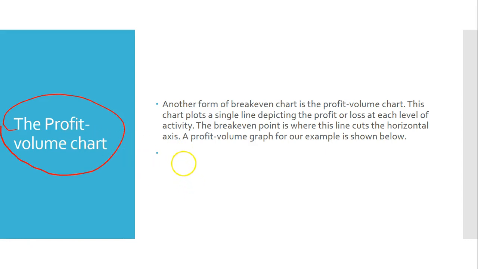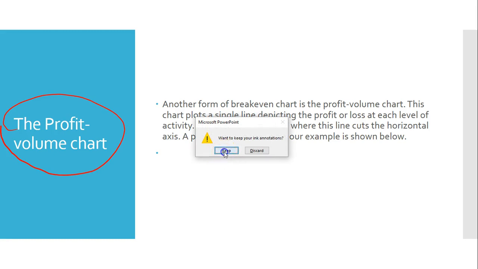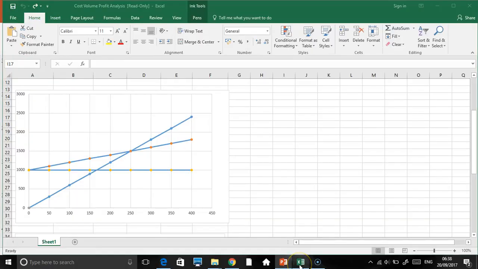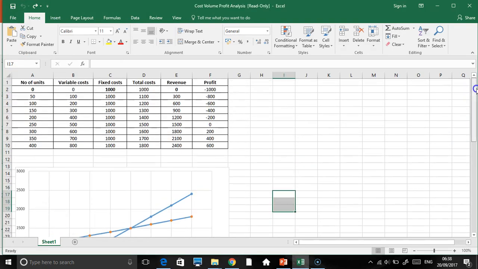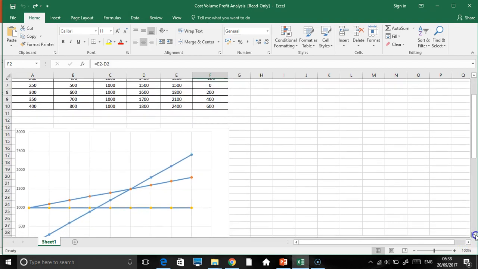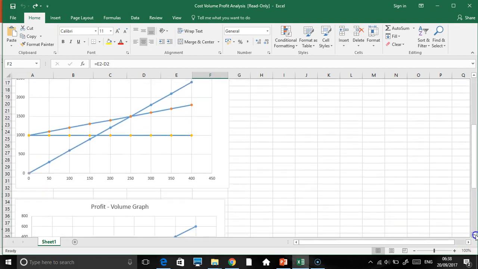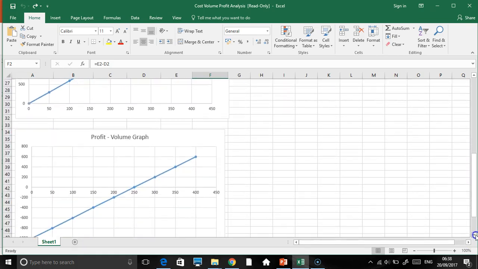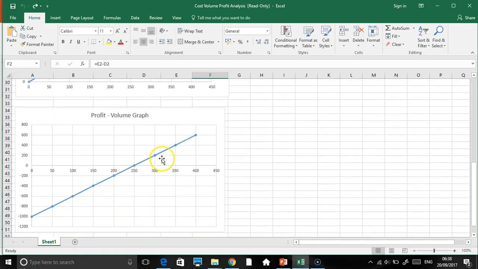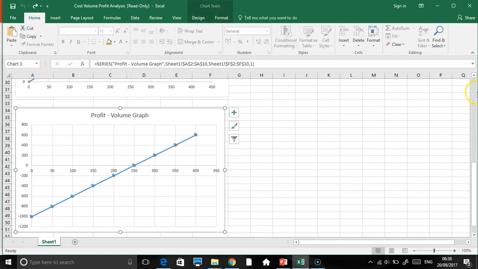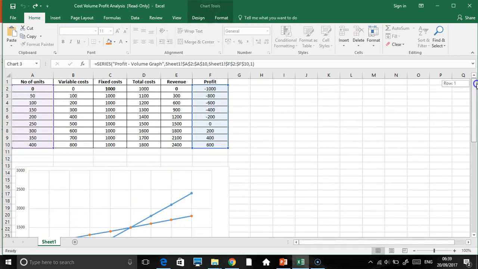Now, if you come back to my chart here, the reason I drew this for you was because I wanted you to see what the chart looked like. And if you go further down here, here is a profit volume graph. Nothing odd. All I've done is draw the graph of this thing here.